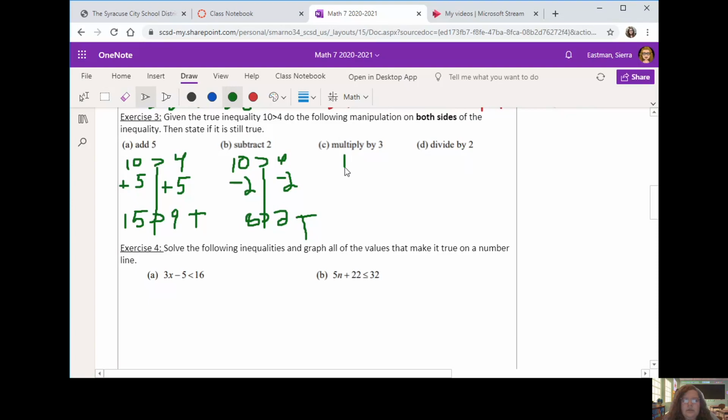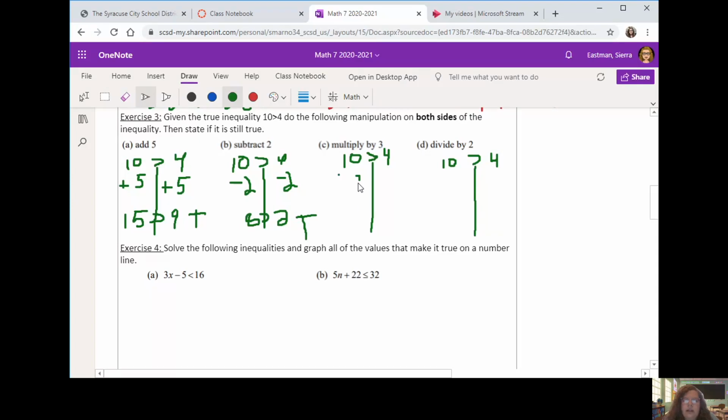What about multiplication? You guys can probably try some of these on your own. If you wanted to pause here and do the work and then come back and check. Oops, I even wrote the wrong number there. Still using 10 and 4, the same inequality that we're starting with, just to check if these operations will work.